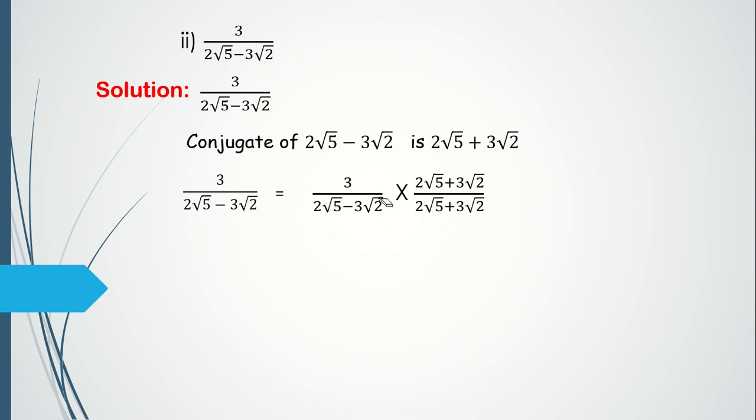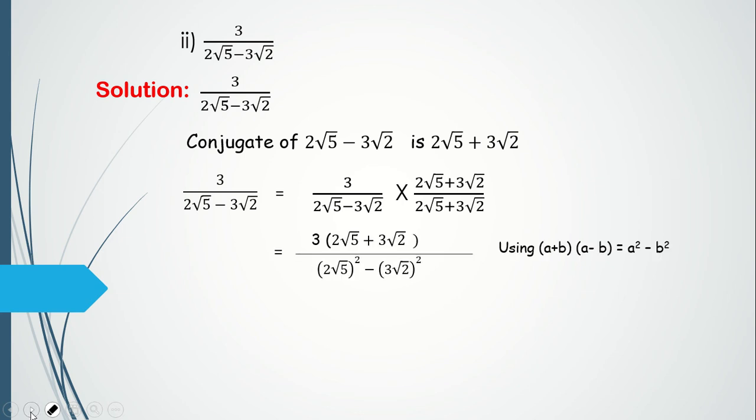Now we got a minus b, a plus b, which equals a square minus b square. So we use this formula here.